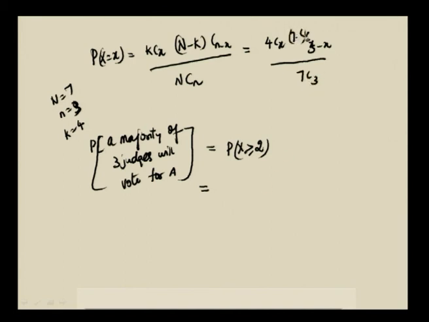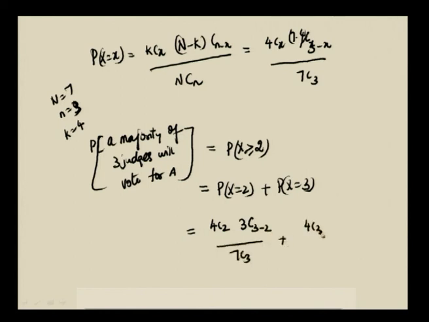This is 7 minus 4, that is 3Cx. So, P(X greater than or equal to 2) is P(X = 2) plus P(X = 3). X equal to 2 gives 4C2 times 3C(3 minus 2) divided by 7C3, plus 4C3 times 3C(3 minus 3) divided by 7C3. This gives the answer 22 by 35.